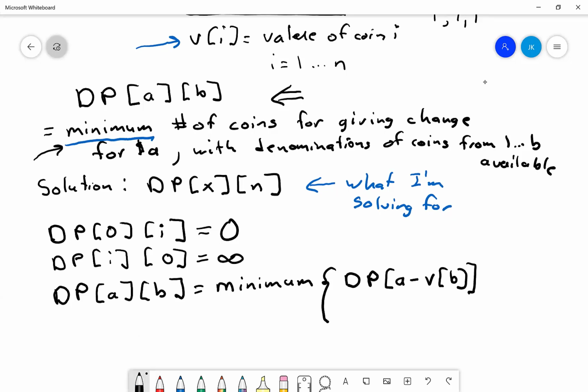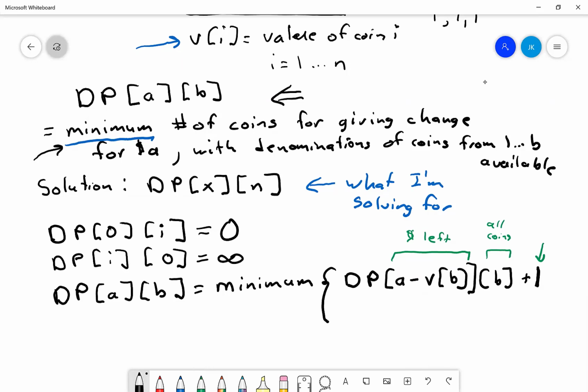So that is how much money is remaining if I use one coin of value B, and I still have all the B coins available to me, and I've used one. So I've given one coin. That's what the green one here is. This part up here says how much money I have left, the dollars left, and I still have all coins available to me. So this first option is what happens if I have used one coin of value B.